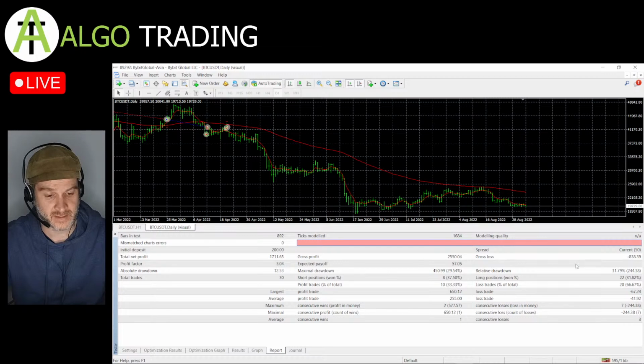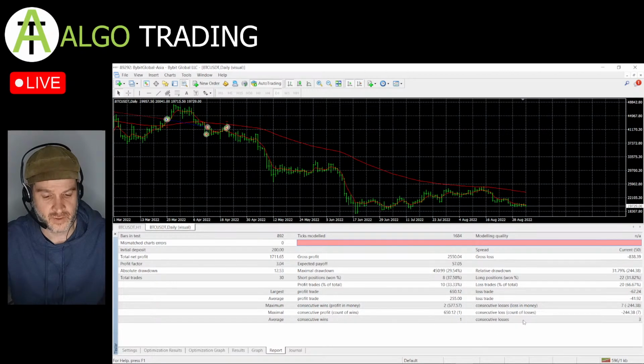That's really decent. 29 and 31%. If you're only running this alone, so you could maybe run with one or two others, but it's pretty decent. Okay, short positions won is not a lot, and the long positions won is not a lot, but the profit for those positions won is a lot more than the loss that you take. So it really doesn't make much of a difference when you've got a strategy like this.